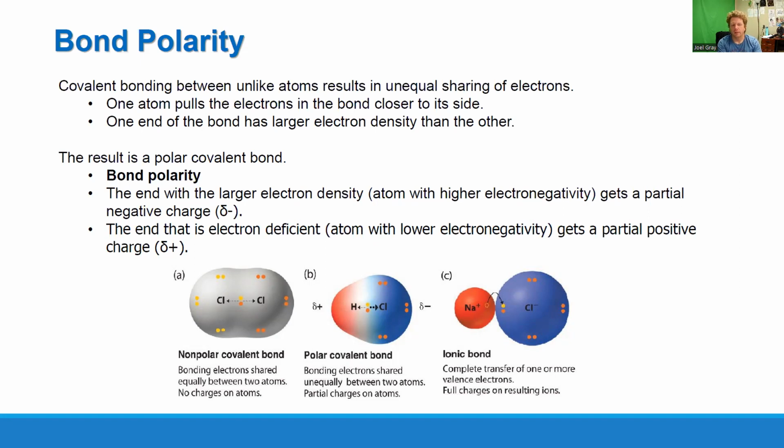Electronegativity is basically a measure of how badly, or how much, one atom wants the shared electrons.